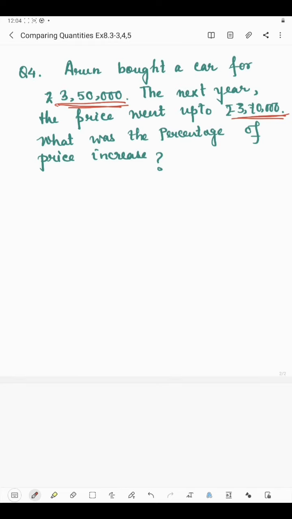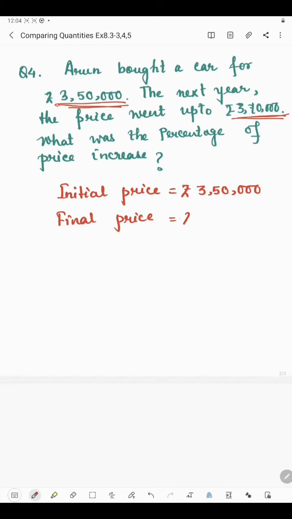So we'll write: initial price of the car was 3,50,000, and the next year the price went up to 3,70,000. So the final price is 3,70,000. Before finding percentage, we need to find how much the price increased, isn't it?